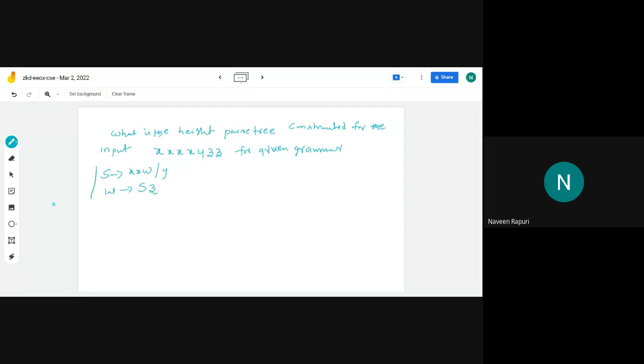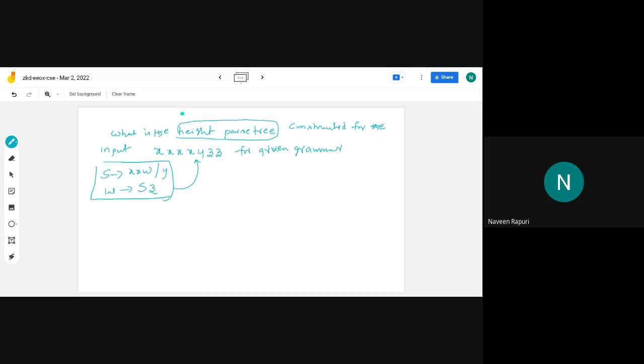This is the given grammar. With this grammar we need to accept this string. For accepting this string with the given grammar, what is the height of the parse tree?